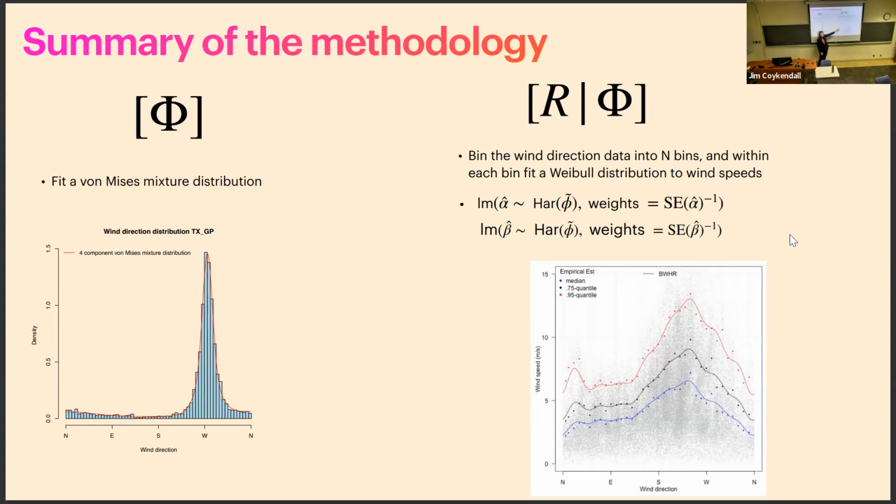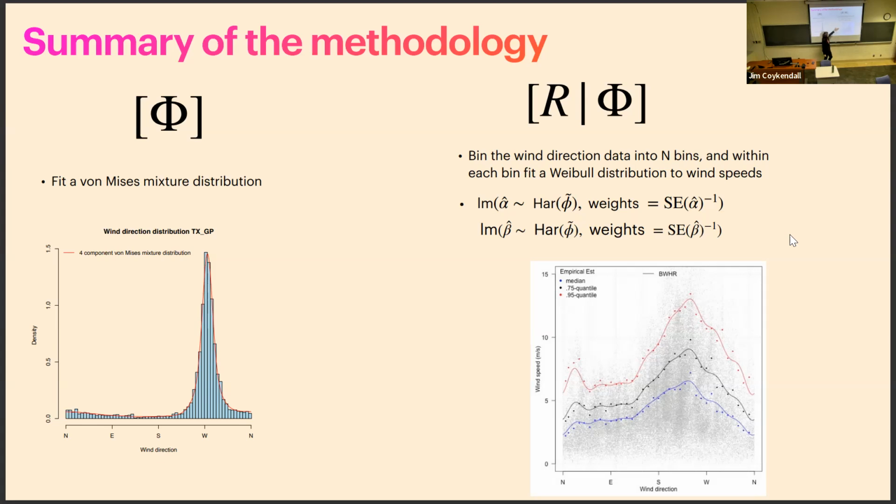And for the directional wind speed distribution, we use a two-stage approach, where in the first stage, we bin the direction data, from each bin we estimate the wind speed distribution parameters, and we represent wind direction by one value. And we use that data from stage one in our harmonic regression to get the distribution.